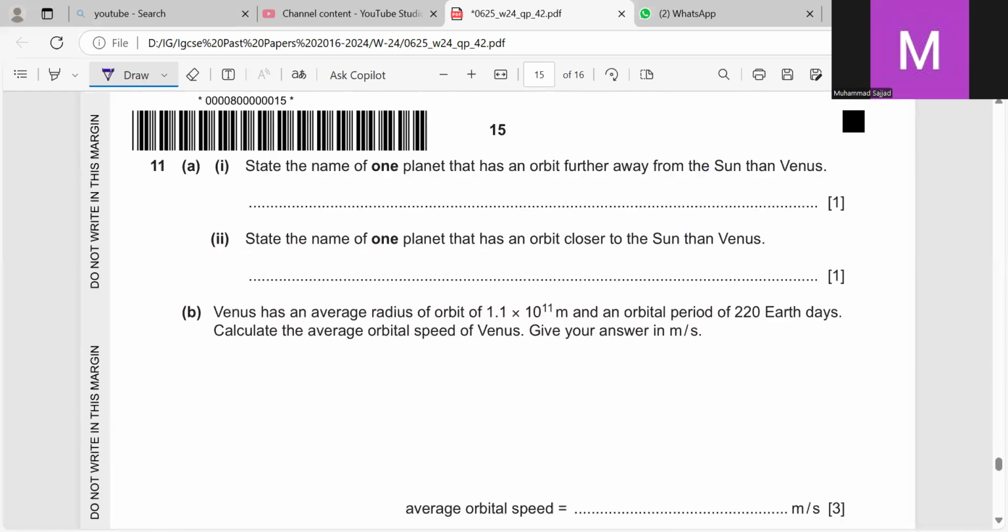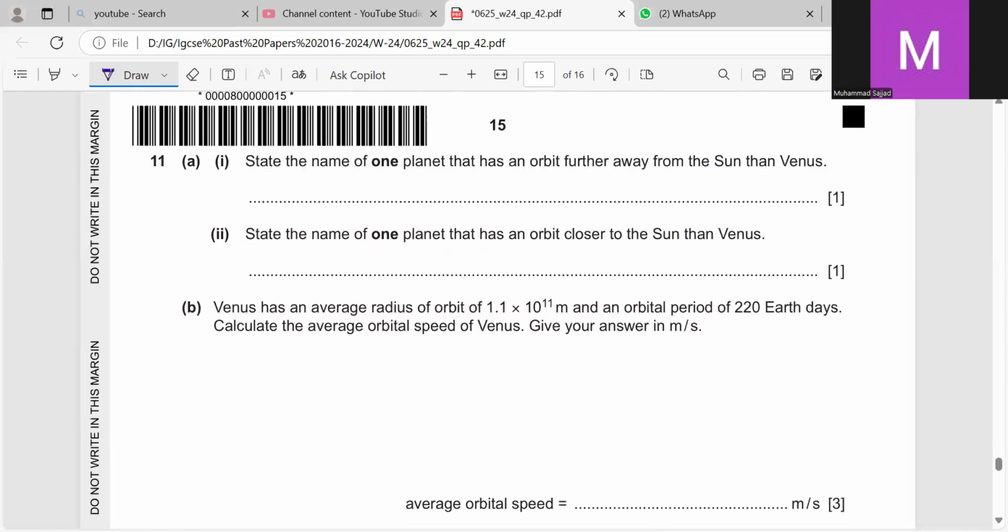Now the next question, my dear friends, state the name of one of the planets that has an orbit further away from the sun than Venus. Further away from the sun than Venus. So it is, my dear friends, anything further than Venus, it can be Earth, Mars, Jupiter, anyone further away from the sun.